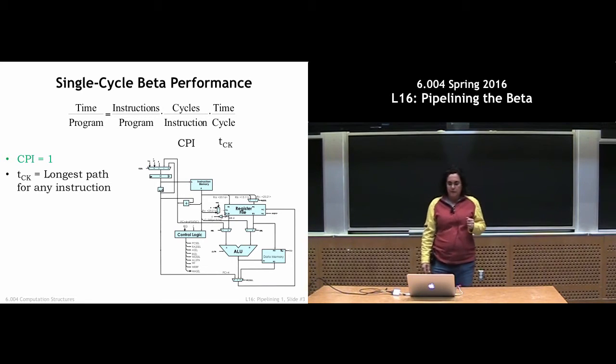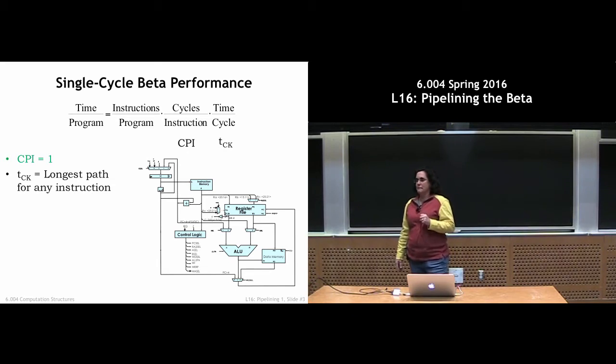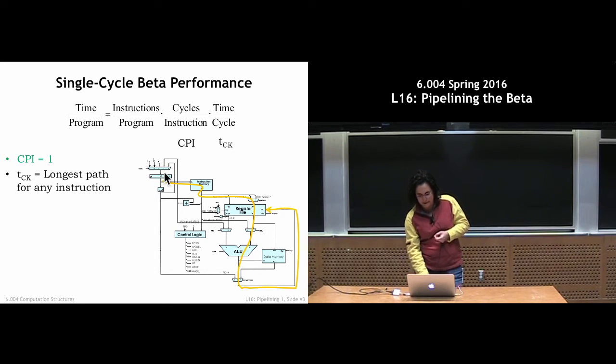So if we bring up here on the side our beta diagram again, we think about, okay, what is that longest path that I have to allow enough time for in my clock period? If you think about the register to register TPD, you can start off here at your PC.